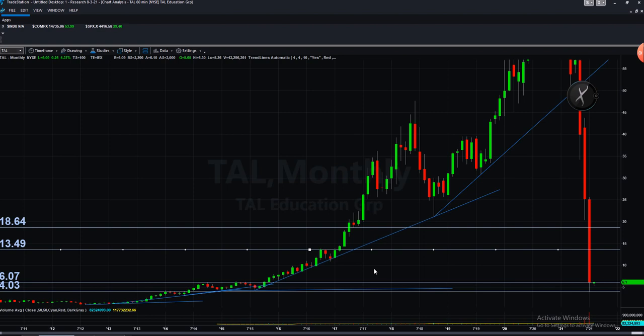Now, we don't necessarily have to do that. I mean, everybody can trade the way they want. For example, if you're looking to make 10% on your investment, or 20, you could play it that way. You don't have to necessarily go for a $6.07 move up to $13.49.